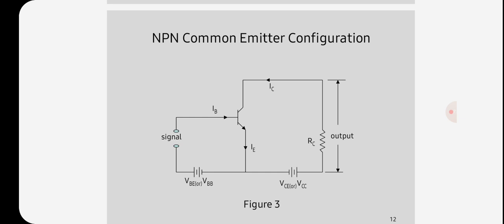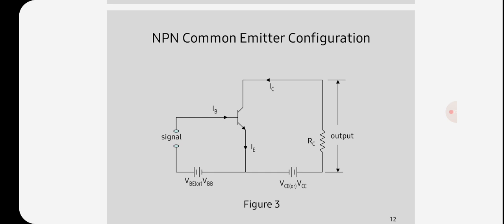In an NPN transistor in common emitter or grounded emitter configuration, the input current and the output voltage are taken as the independent variables, whereas the input voltage and the output current are the dependent variables.